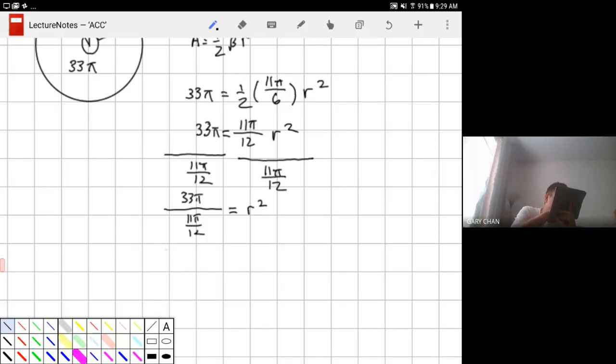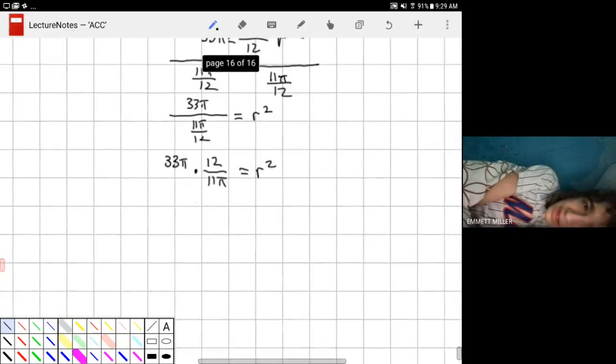Yes. And again, I don't flip the top part. It is still 33 pi, right? But I want to multiply that by the flipping of the bottom, so this becomes 12 over 11 pi. So then it goes 36 pi.